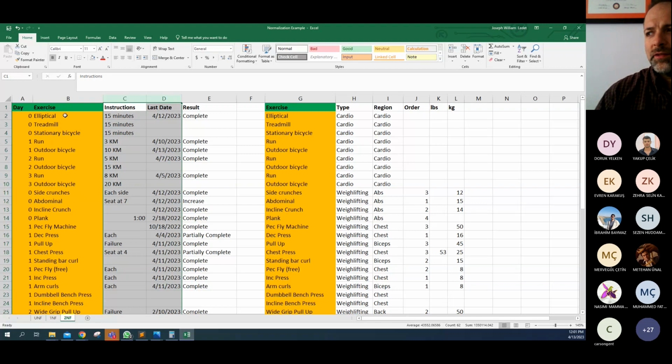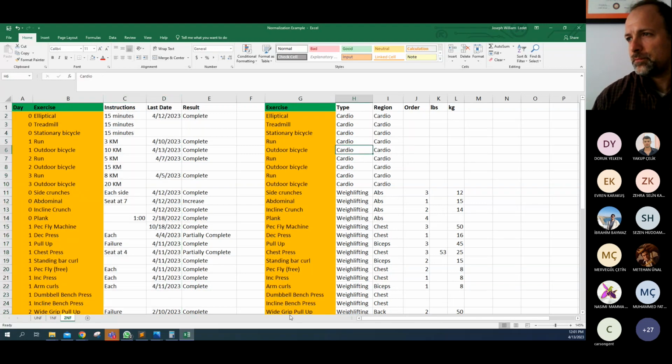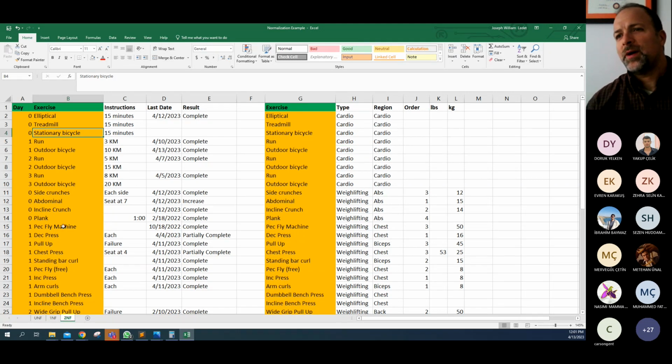All of this data is still there, it's just over here now. Right? So now, in order to find out what type of exercise stationary bicycle is, I don't have to look in this table anymore. I look over here to this table to see that it's a cardio exercise.